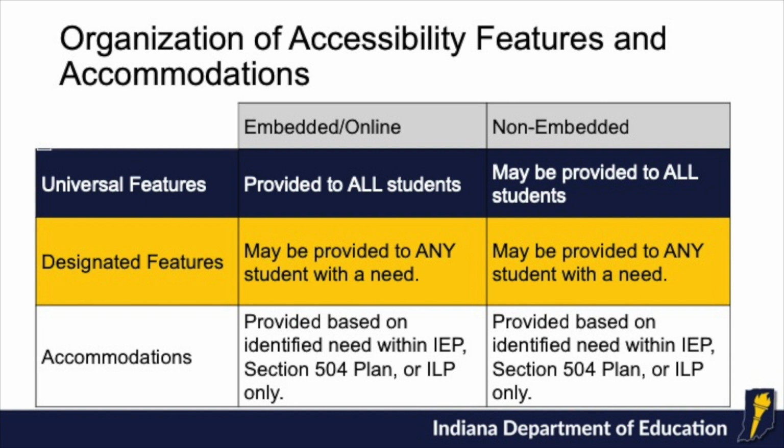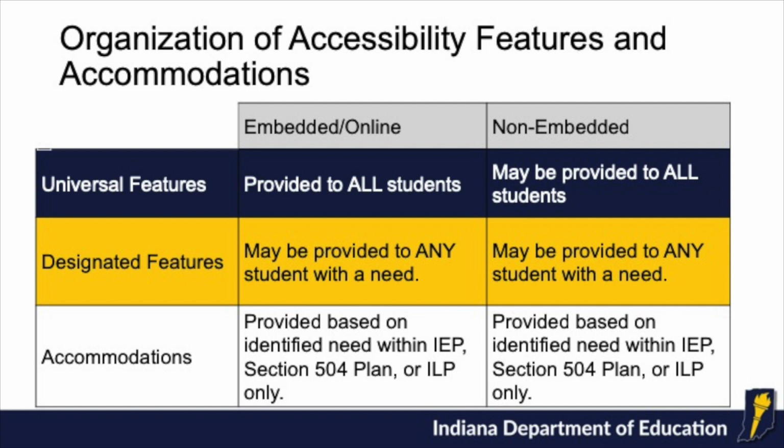All accessibility features and accommodations are divided into three groups: universal features, designated features, and accommodations. Within these large groups are two subgroups: embedded, or online supports, which are provided by AIR's testing platform, and non-embedded supports, which cannot be provided by the platform and must be delivered by the local school.